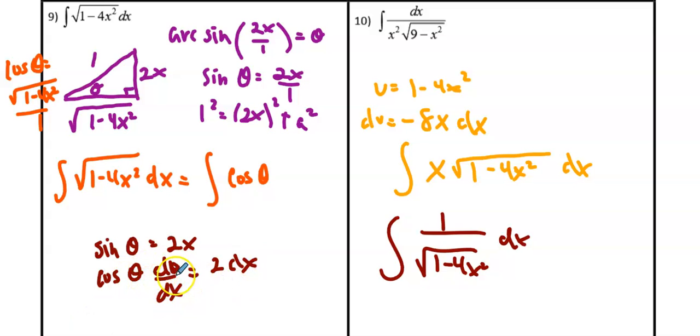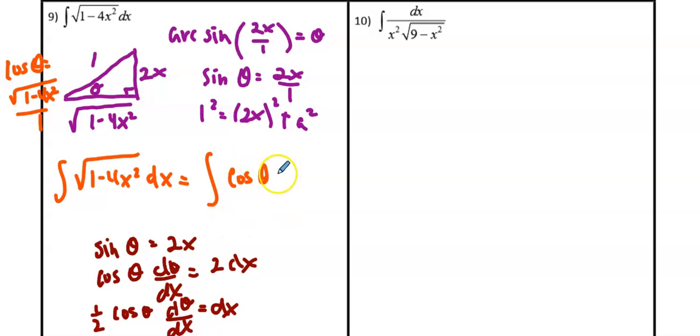So dx is actually going to be equal to 1/2 cosine theta d theta. So we had to substitute dx with 1/2 cosine theta d theta.